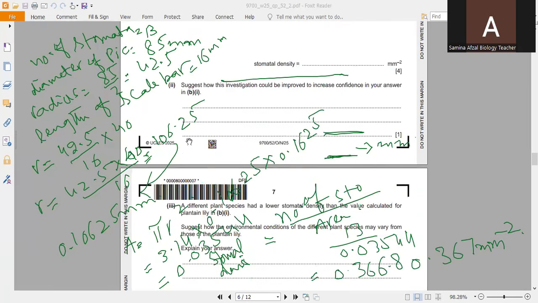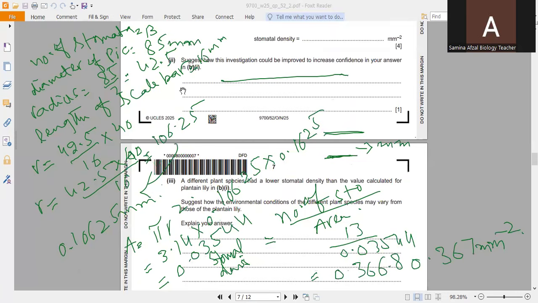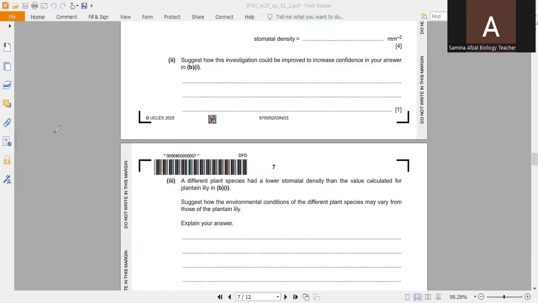Now the next part of this question is, suggest how this investigation could be improved to increase confidence in your answer B1.